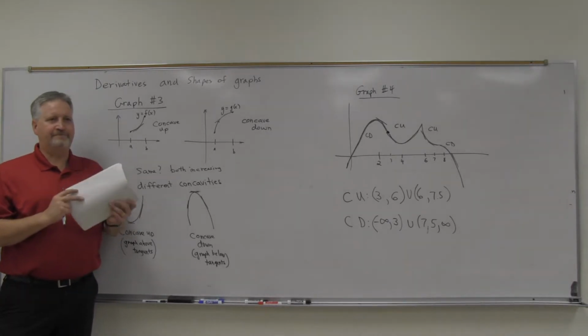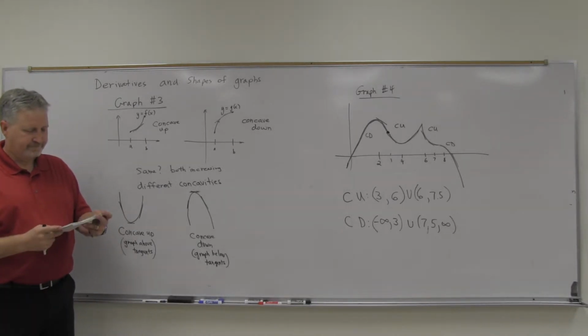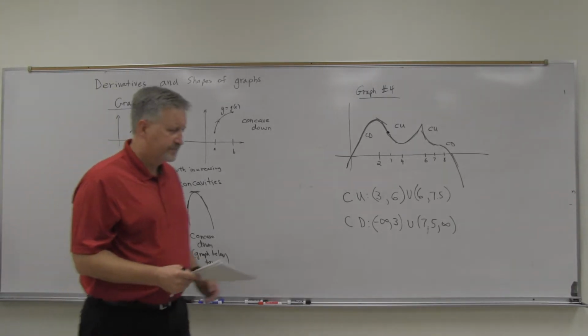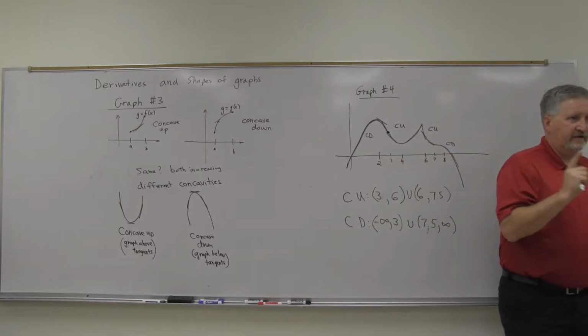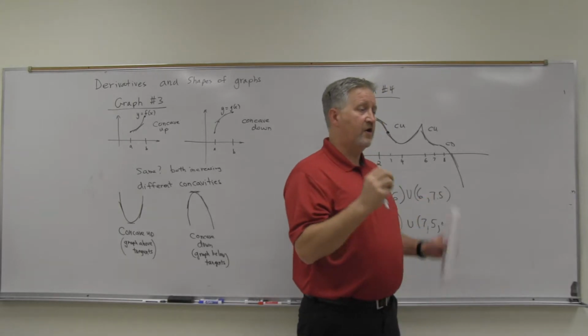All right, now here's another term let me give you before we move on to how we get this concavity stuff out of the derivative. If you have a point where it changes concavity, that's called an inflection point.